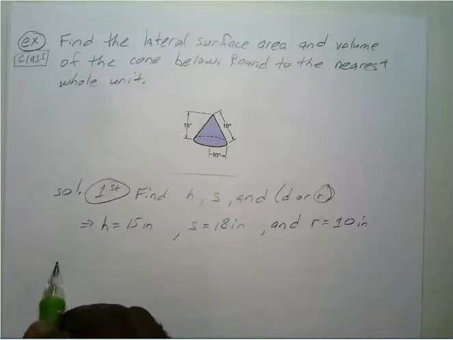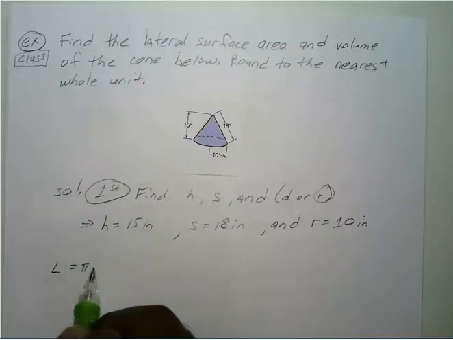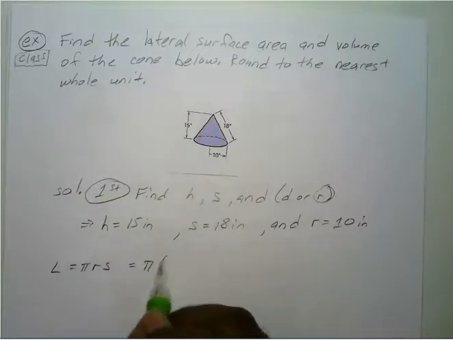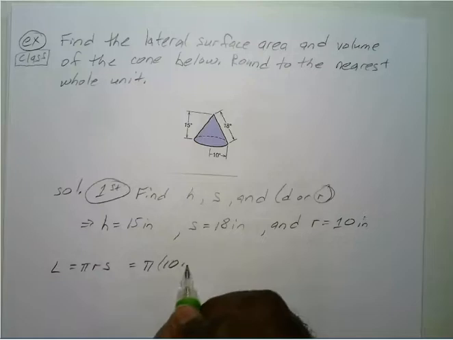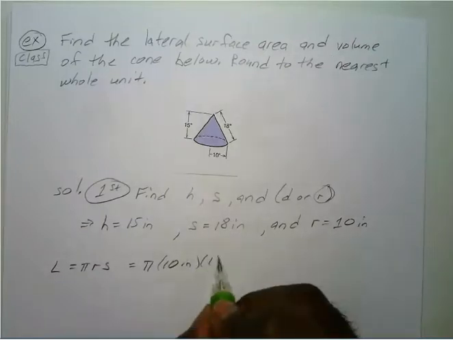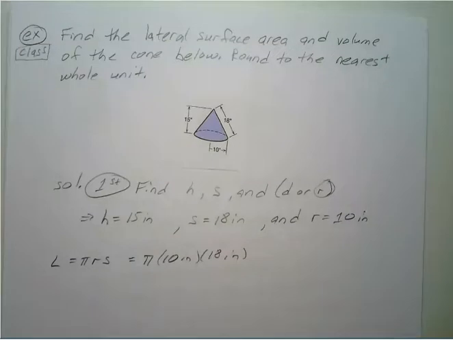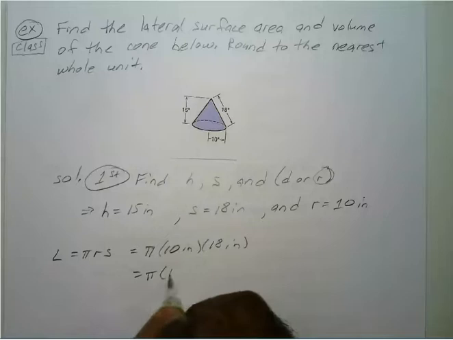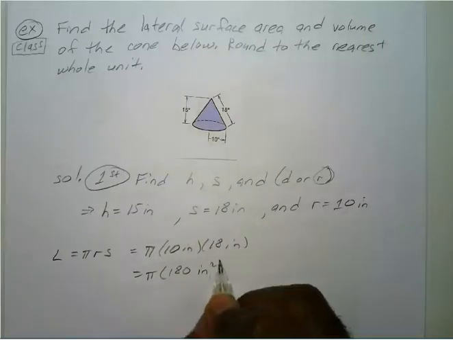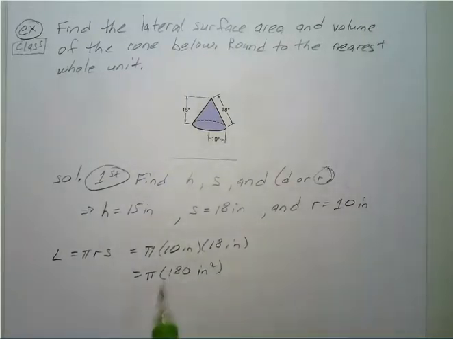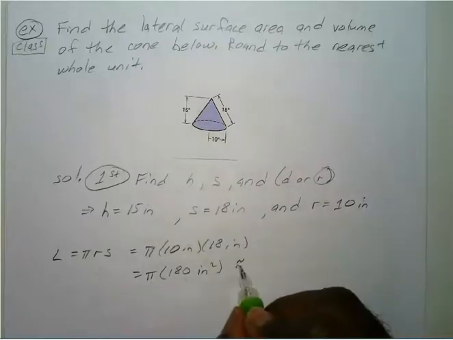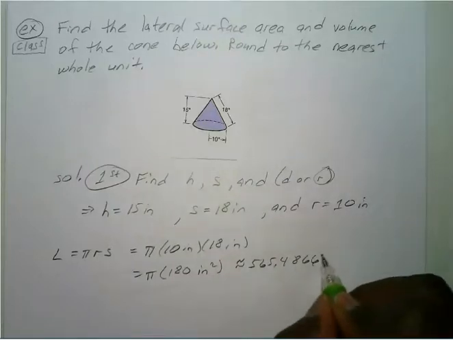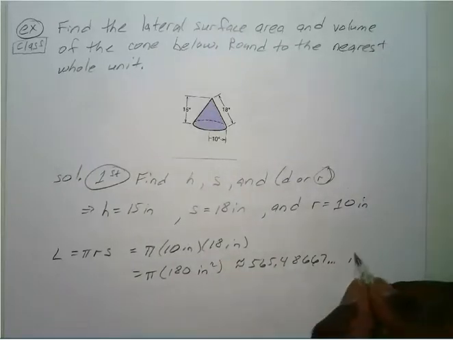To find our lateral surface area, it's pi times the radius times the slant height. That's going to equal pi times our radius, 10 inches, times our slant height, 18 inches. So that's going to equal pi times 180 square inches, which is approximately 565.48667, and it keeps going, square inches.